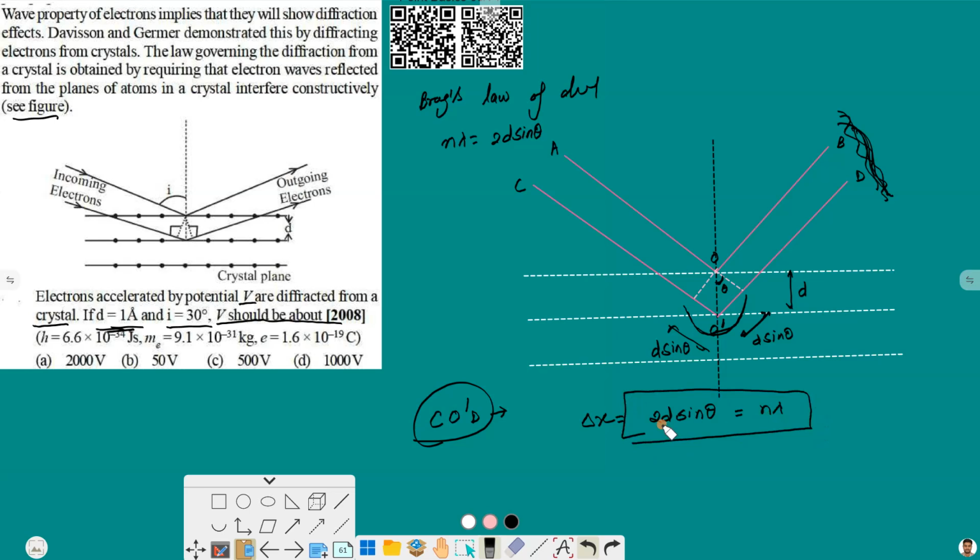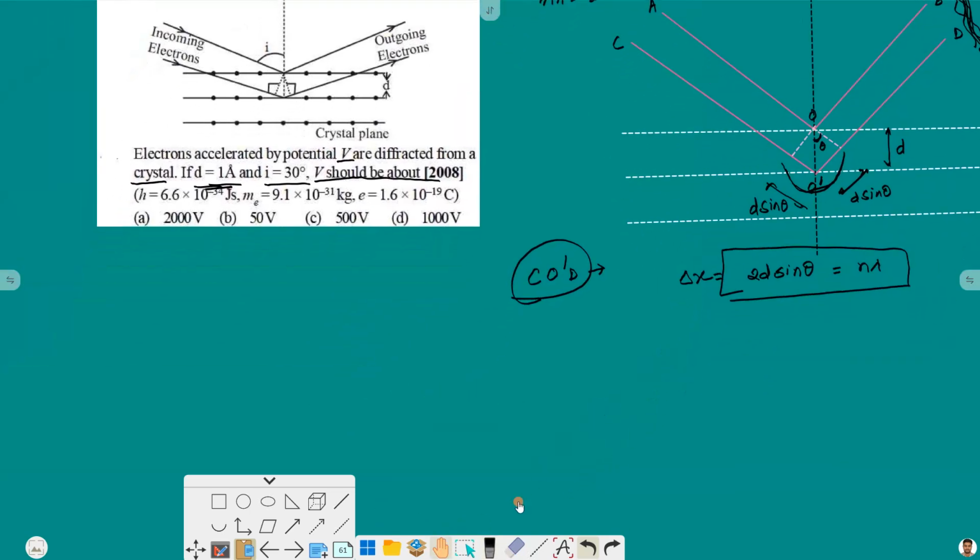So now let's start the calculation for finding out the potential. We know that lambda is basically h by p. That is the de Broglie wavelength for the electrons, and it can be written as h by under root 2mE, where E is the energy, and energy can be written as charge times the potential, q times v.